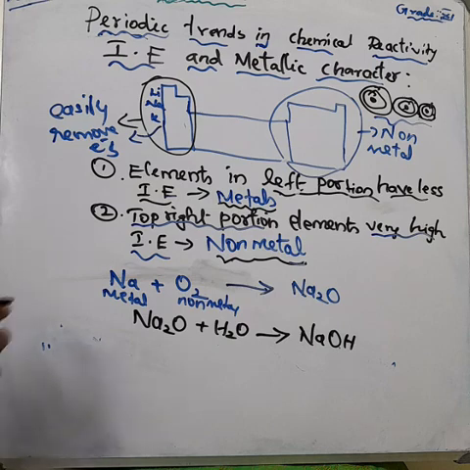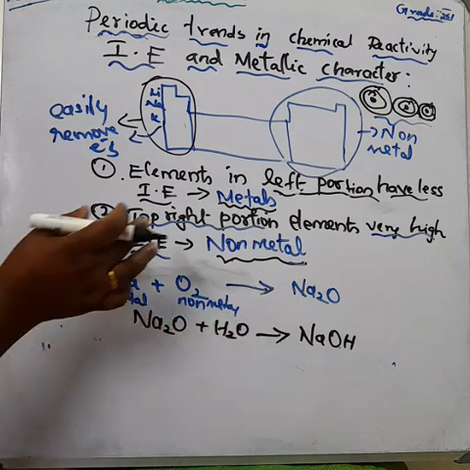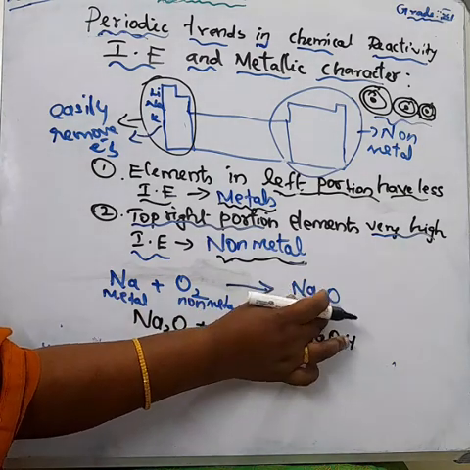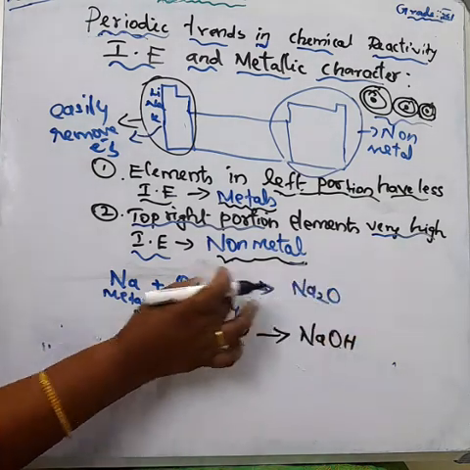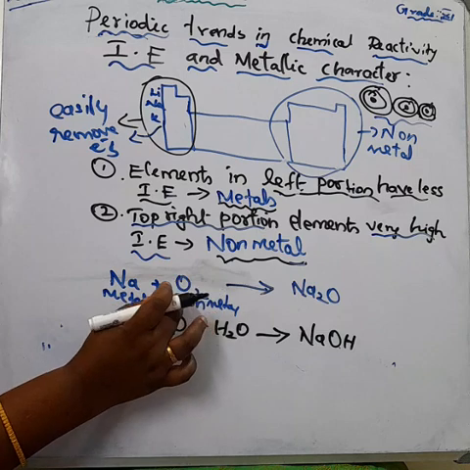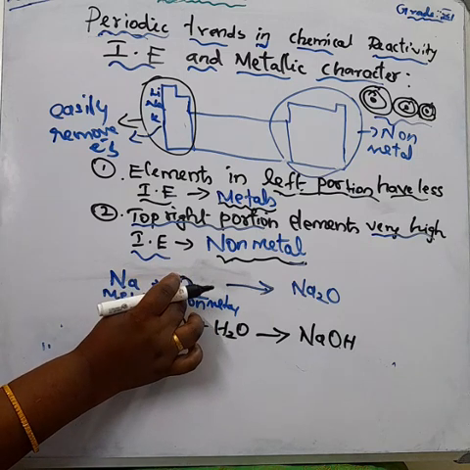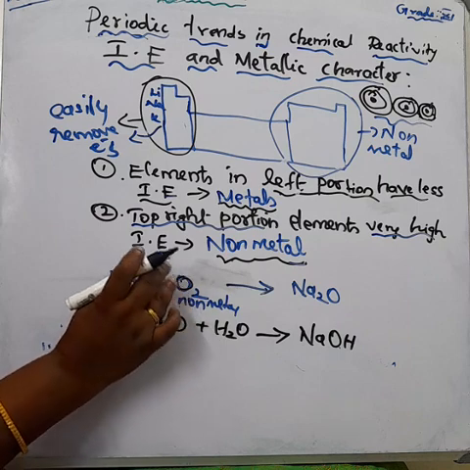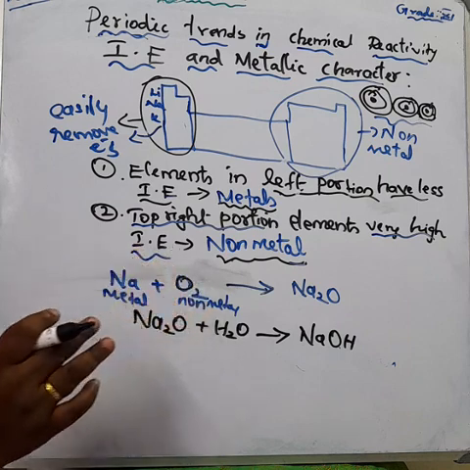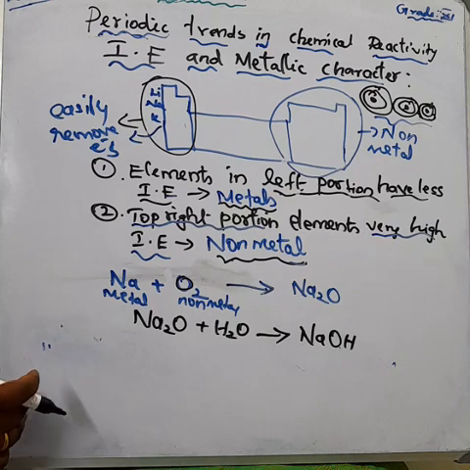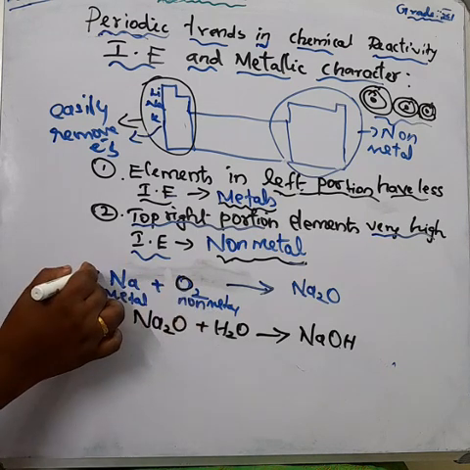Here, when balancing the equation, what is the formula for sodium oxide? Na2O, because the valency of oxygen is 2. So two oxygen atoms are present here. Totally, how many electrons are needed for the two oxygen atoms? 4 electrons. One oxygen needs 2 electrons and the other oxygen needs 2 electrons.